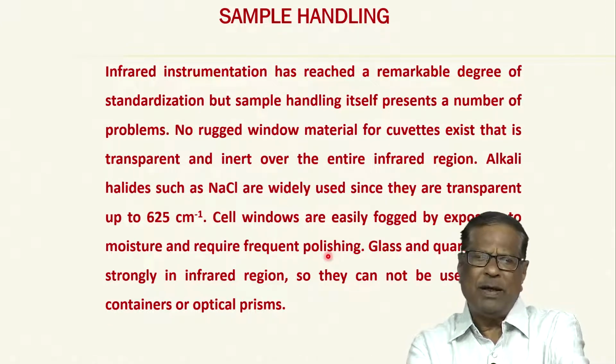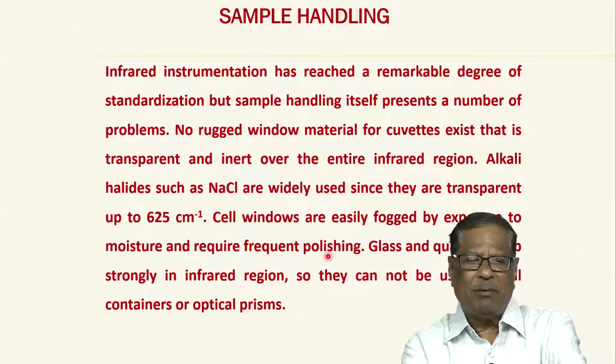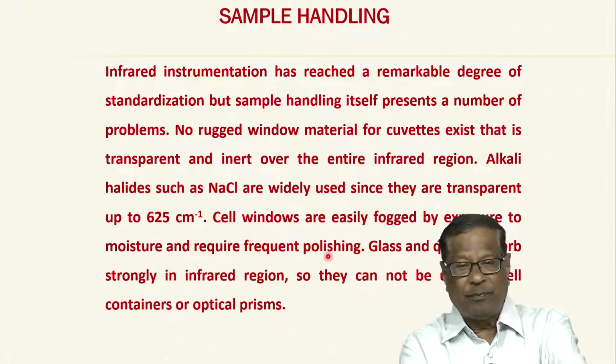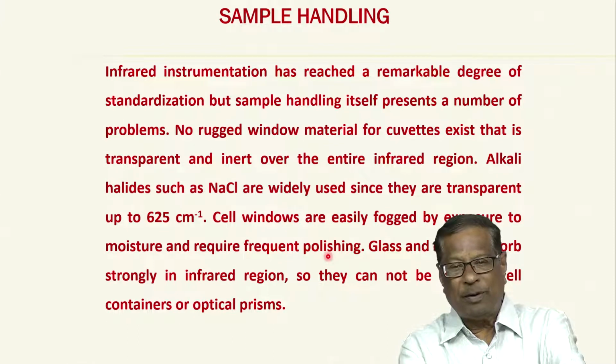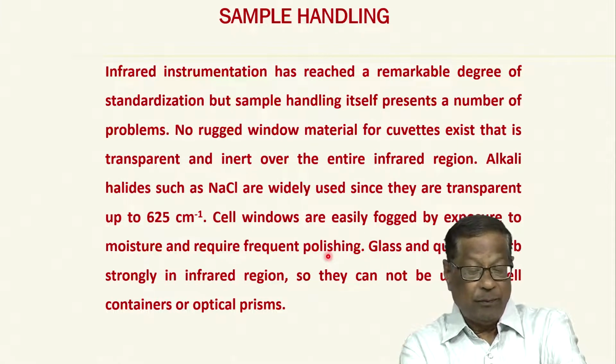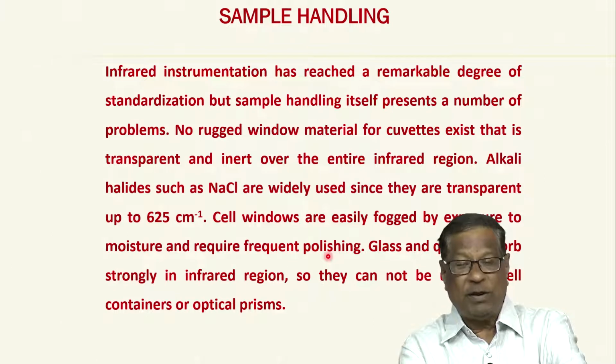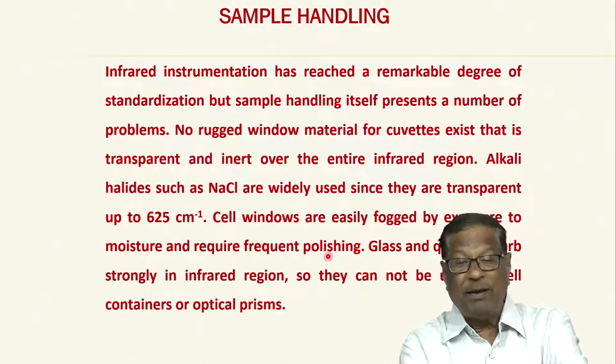So most of the IR sample compartments contain chemicals which will absorb moisture. Normally, we use silica or cobalt compounds for absorption of water, moisture. Not only that, when the cells do get fogged, they need frequent polishing.